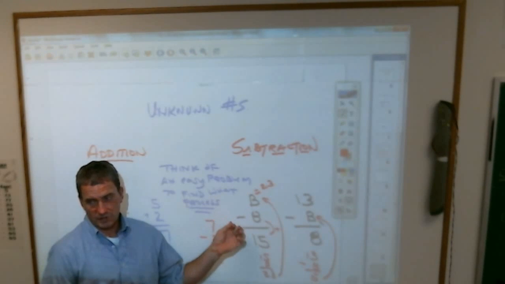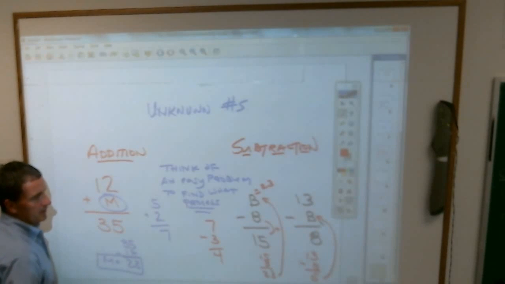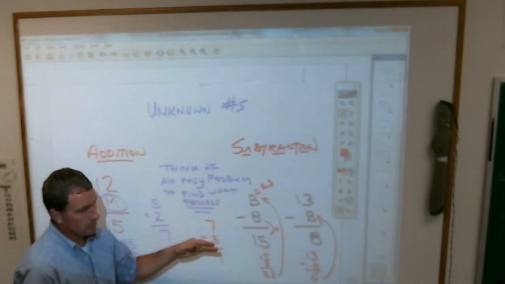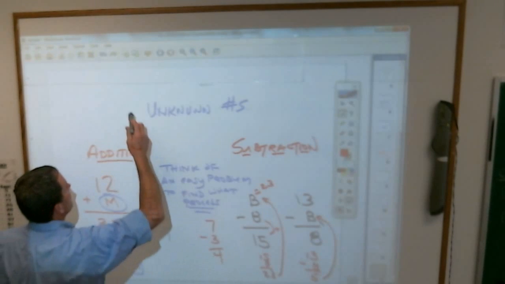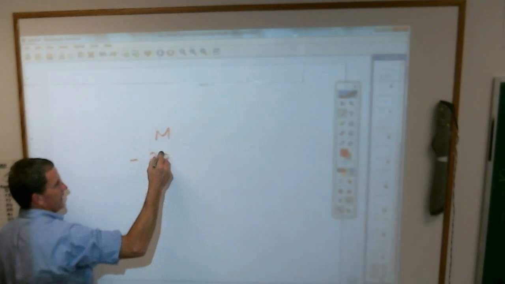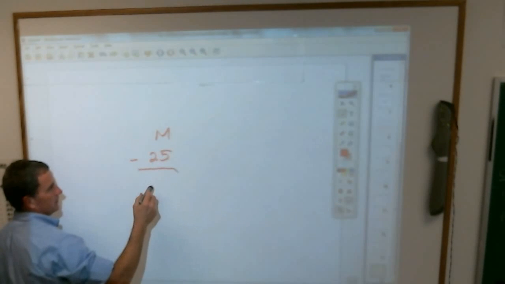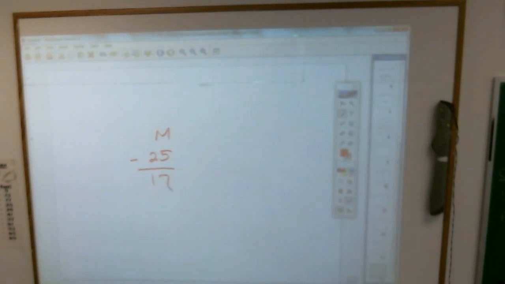Always, always, always, if you come up with an unknown problem like that, think of an easy one and then say, okay, if I'm missing the top, what do I do? If I'm missing the middle, what do I do? Because they get harder. For example, if I have M minus 25 equals 17, what number goes on top?